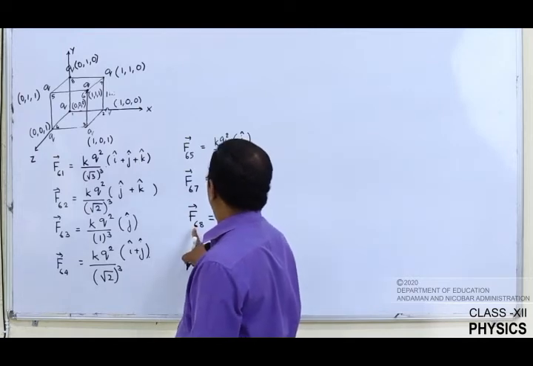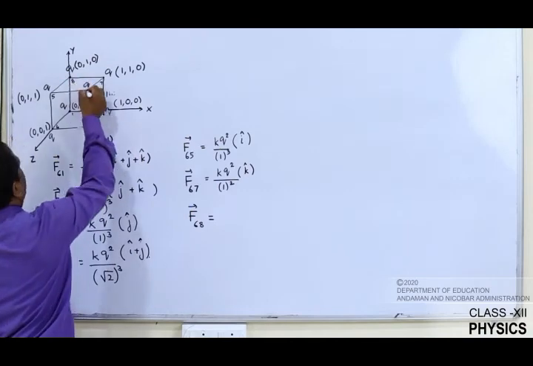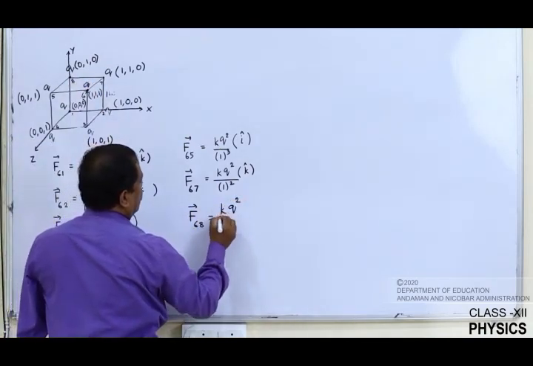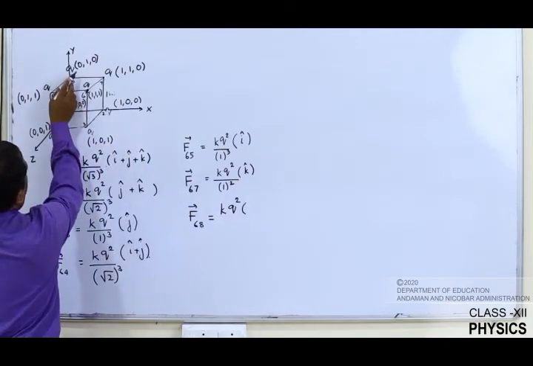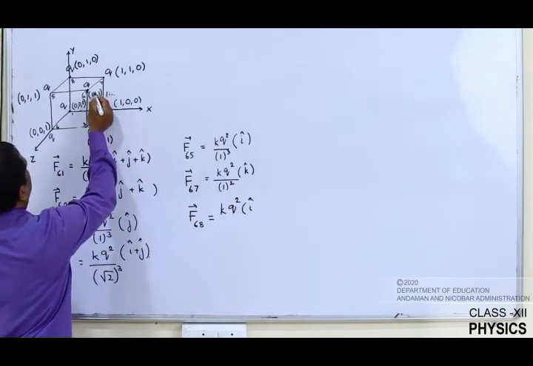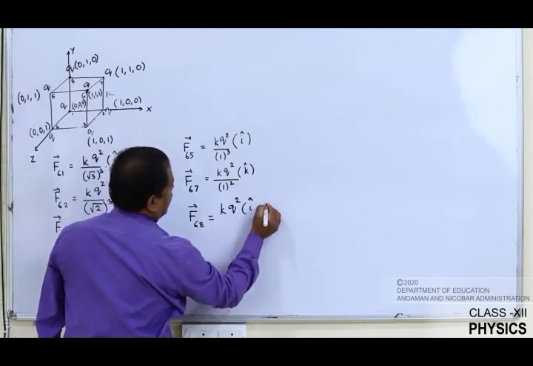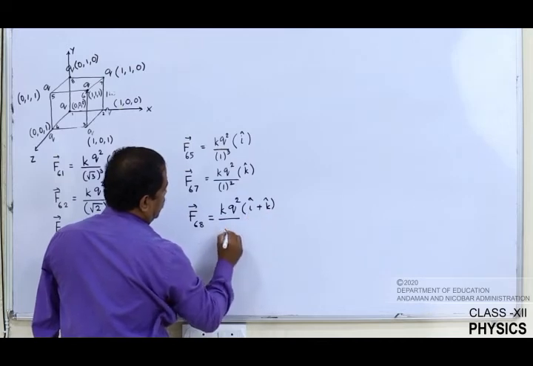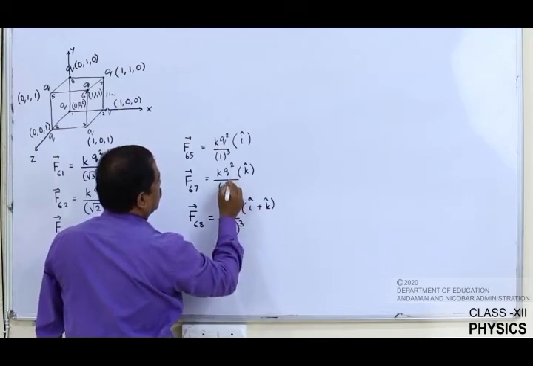And force on sixth charge due to 8th charge, this will be k q square into, when I talk about vector here, 1 minus 0 is 1, so i cap, 1 minus 1 is 0, 1 minus 0 is 1, plus k cap divided by magnitude of this vector, root 2 whole cube.